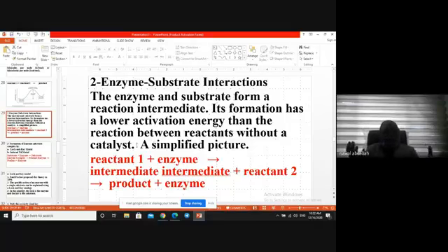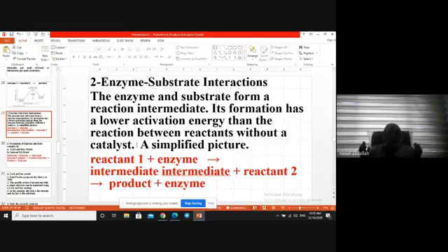When we have two reactants, reactant number one, reactant number two, and the two reactants react with each other without using an enzyme or a catalyst, the activation energy will be higher than when using the enzyme as a catalyst.